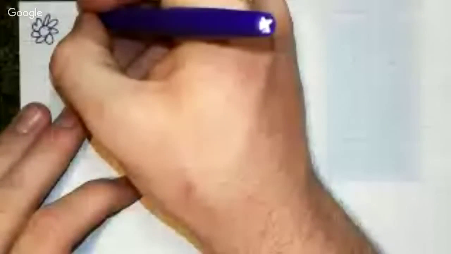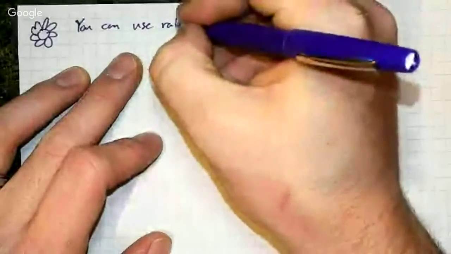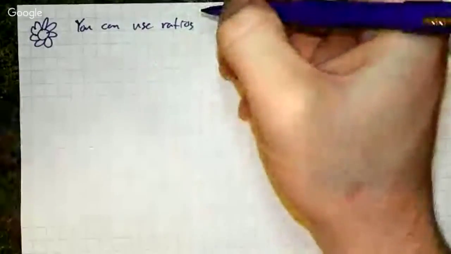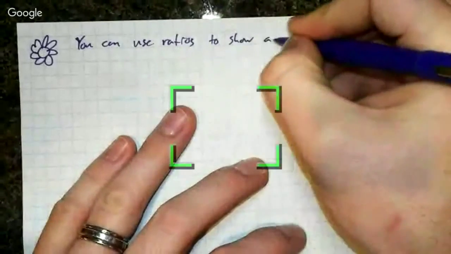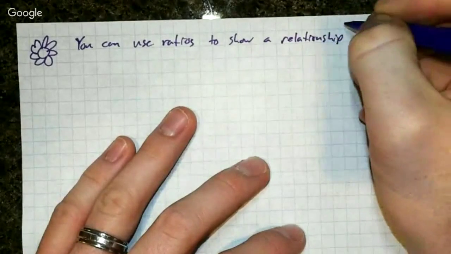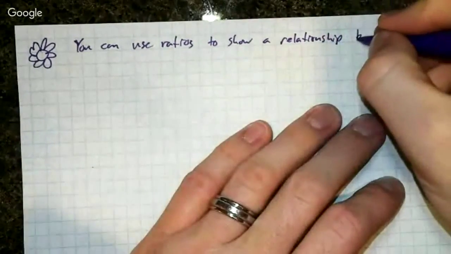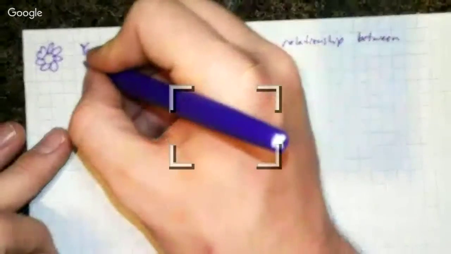And on this flower, what I want to make sure I'm writing is that you can use ratios to show a relationship between changing quantities.